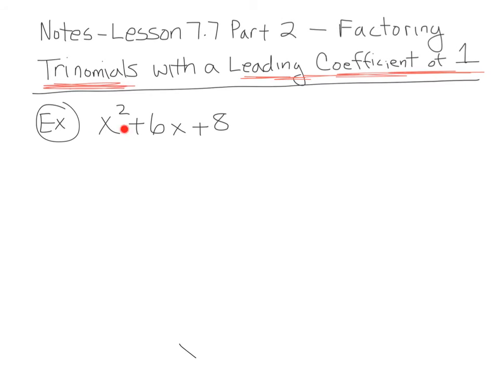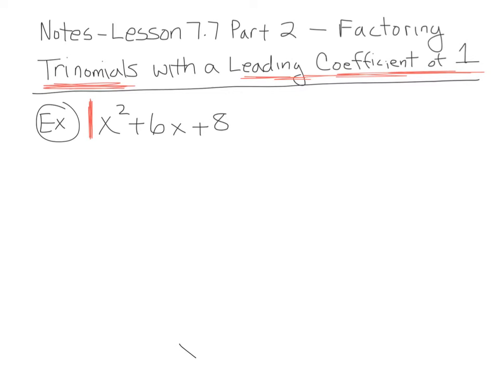It has 3 terms: 1, 2, 3. The plus signs separate it, so we could separate it by addition or subtraction. It's in the right order because the highest exponent goes first. And this has a leading coefficient of 1 because you could slide a 1 right in there and not change anything. 1 times x squared is still x squared.